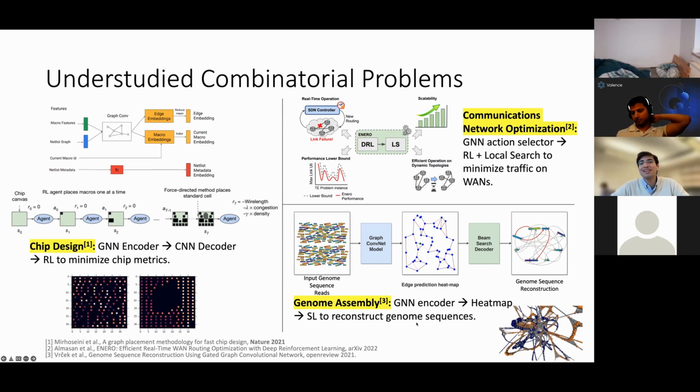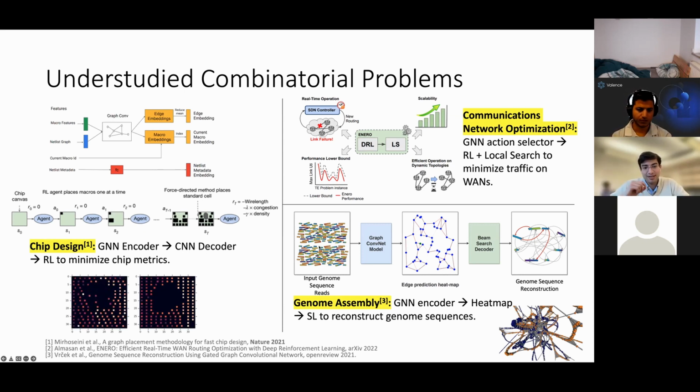Something super cool that is from genomics. So there's this problem in genomics called genome sequence assembly, and essentially the problem is that you can read genomes, but you can only read them in fragments, or in this case nodes, and then you need to find a path through these nodes.